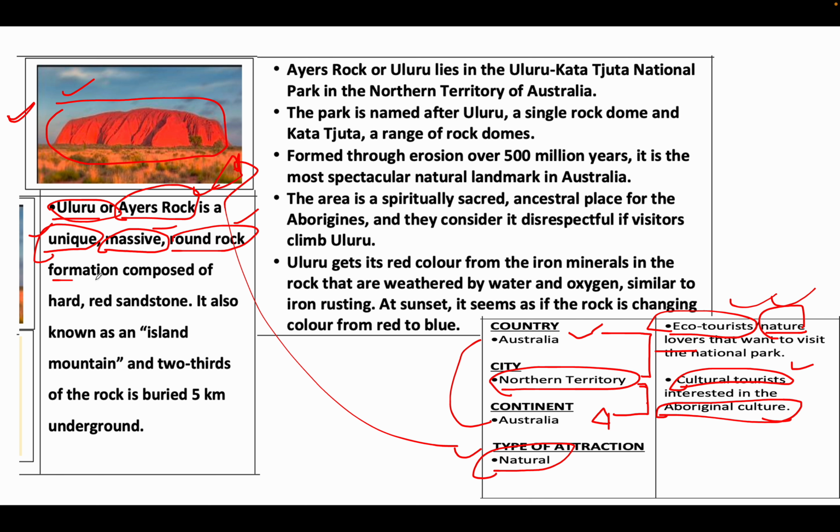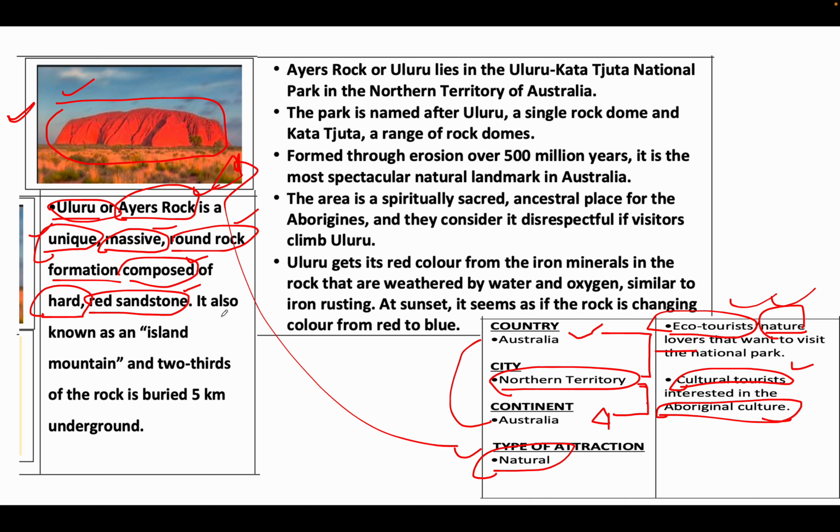So the formation of it, meaning the making of the rock, is composed of hard red sandstone. So there is sandstone in this rock. It was made by the hard red sandstone.